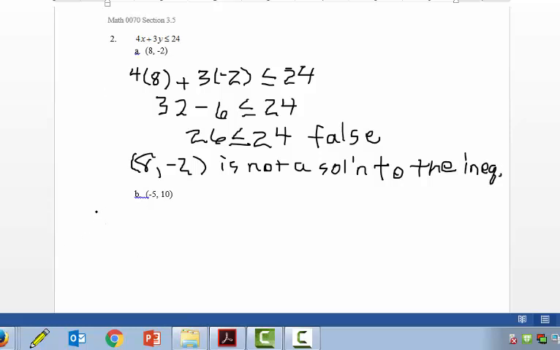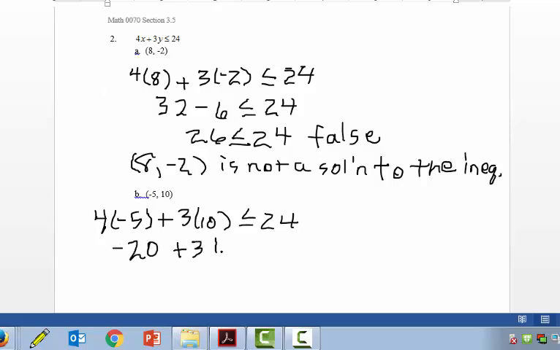All right, let's check (-5, 10). 4 times negative 5 plus 3 times 10 less than or equal to 24 gives me negative 20 plus 30 less than or equal to 24, which gives me 10 less than or equal to 24, which is a true statement.